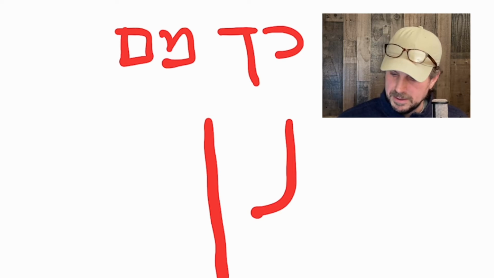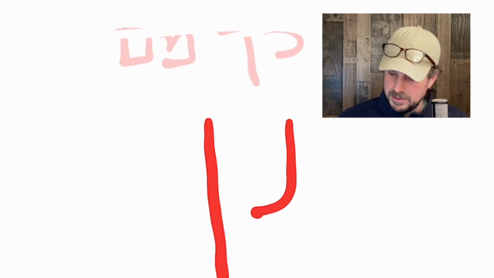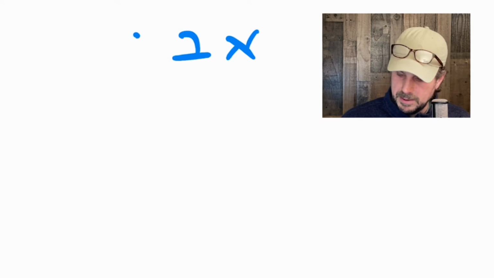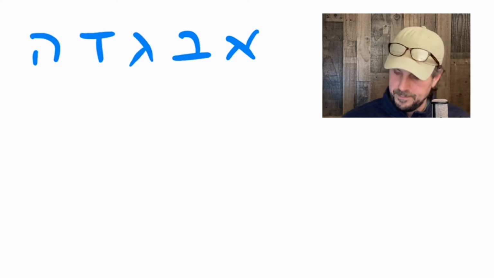So if we practice our whole alphabet now, let's erase those. I'm going to make my pen a little smaller here, and we'll do light blue. I like light blue. Aleph, Bet, Gimel, Dalet, Hey.